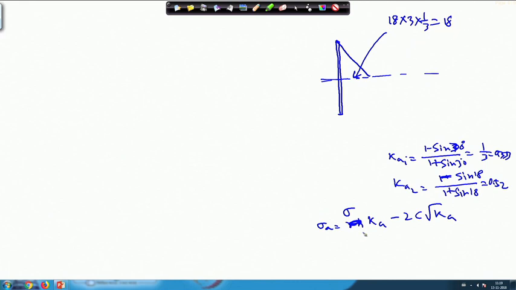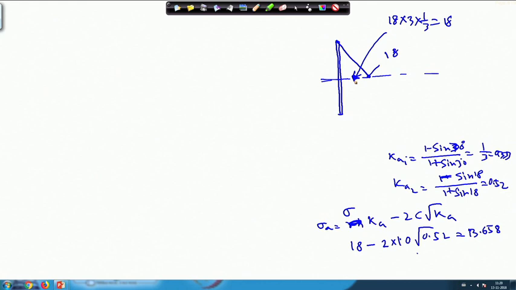So at this point for the second layer, this will be 18 minus 2 multiplied by C, which is 10, and root 0.52. This value becomes something like 13.658. So this was 18, this is 18.